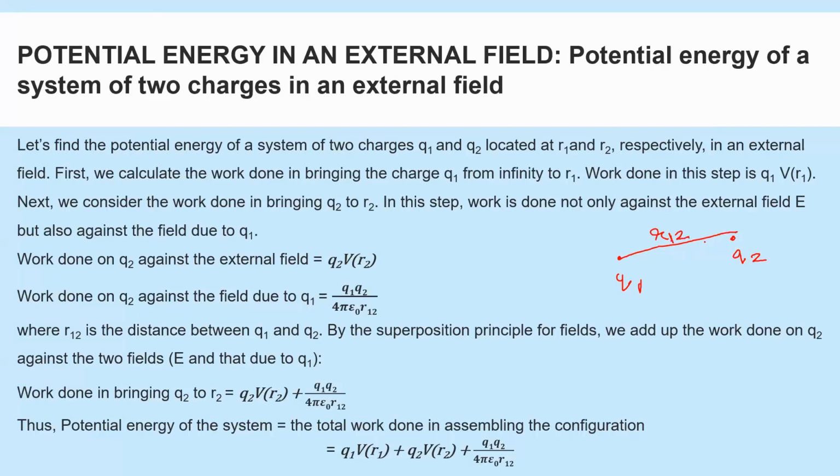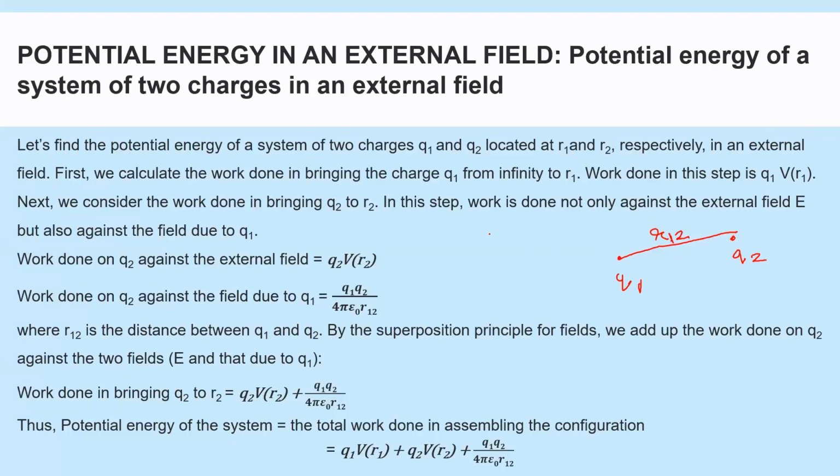First, as usual, we will calculate the work that is being done in bringing the charge from infinity to Q1 at position R1, and the work done in this step would be Q1 into V of R1. Next we are going to consider getting Q2 from infinity to R2, to this position.